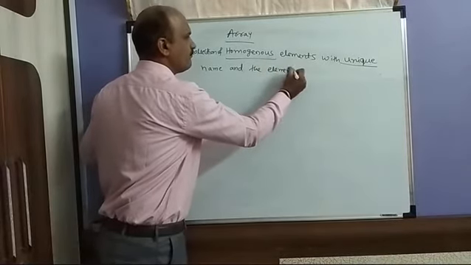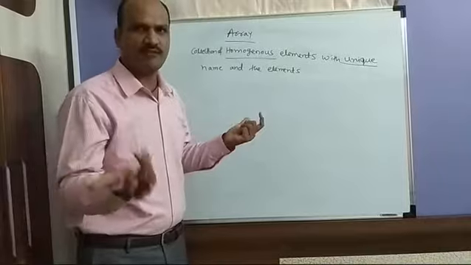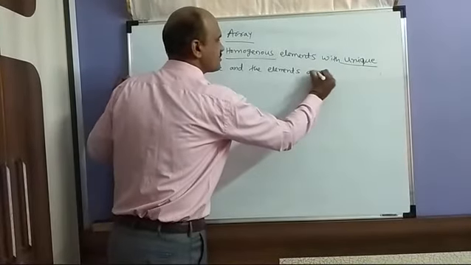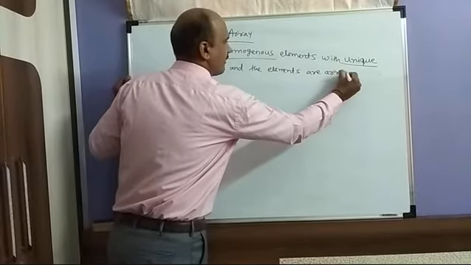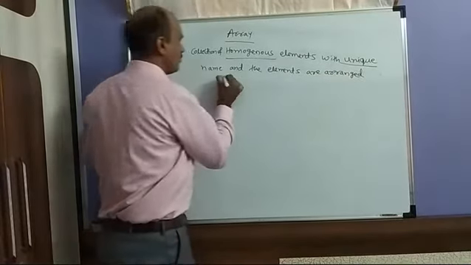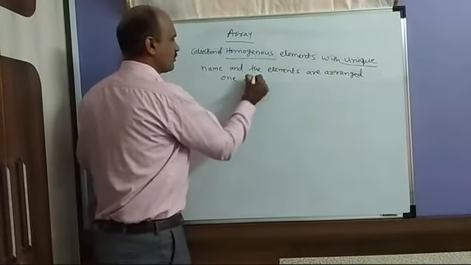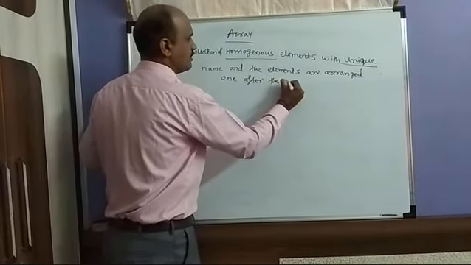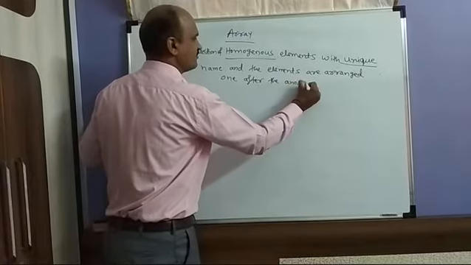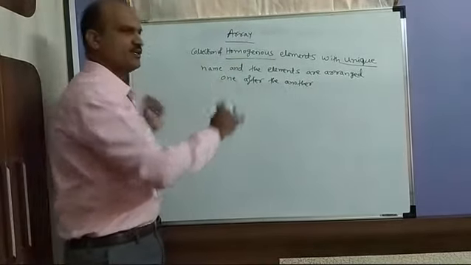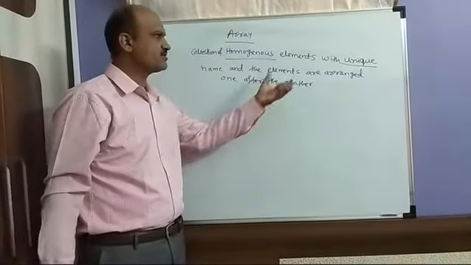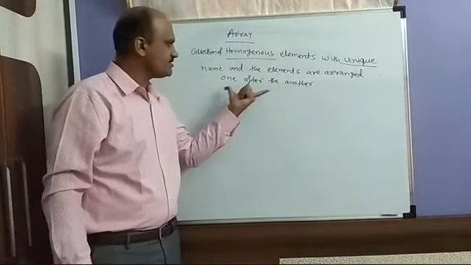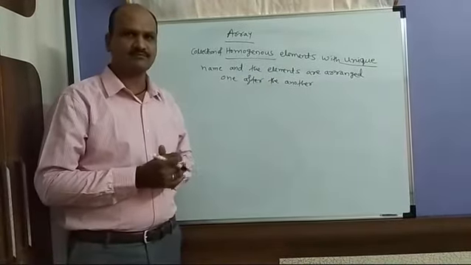So we have a number of elements in the array, and the elements are arranged one after another. This is the exact definition of array.